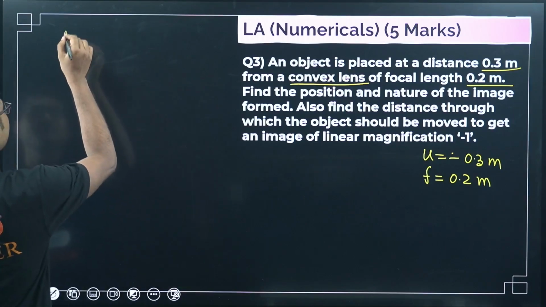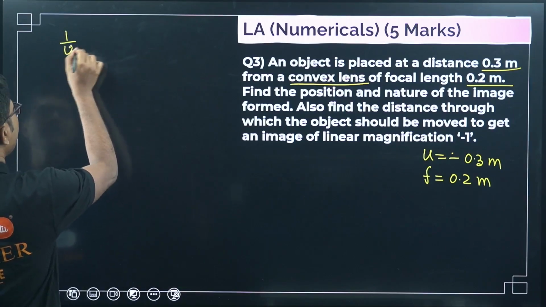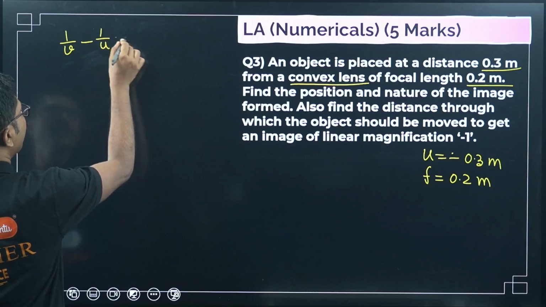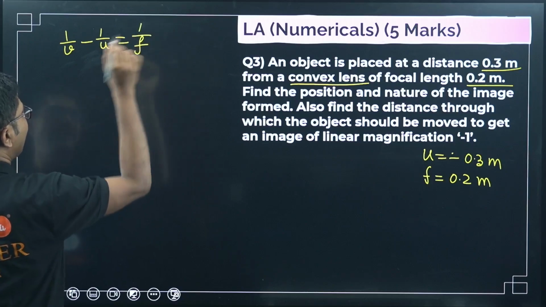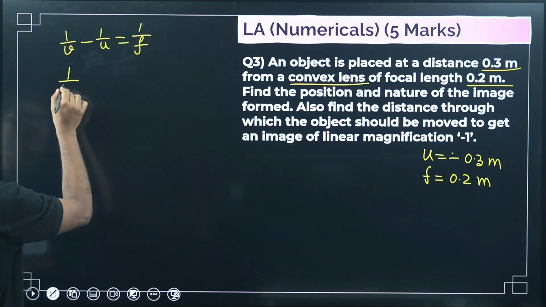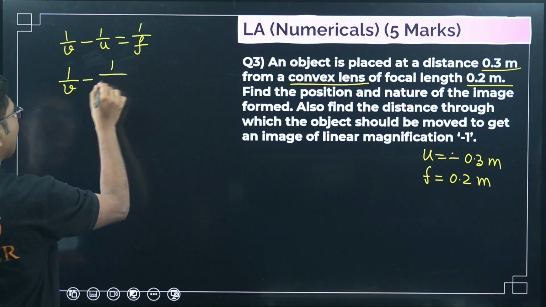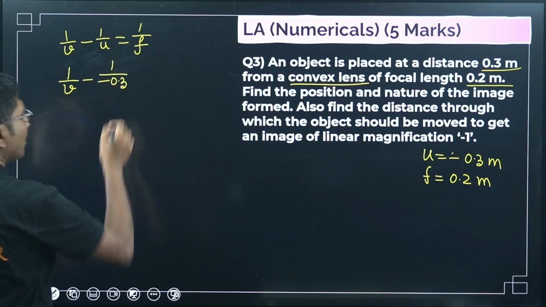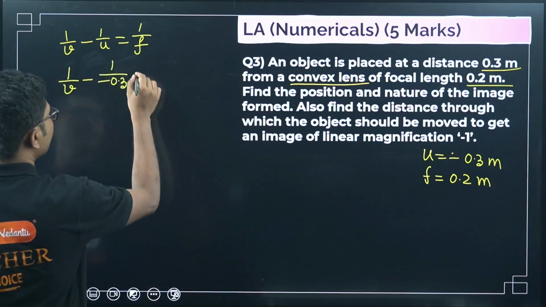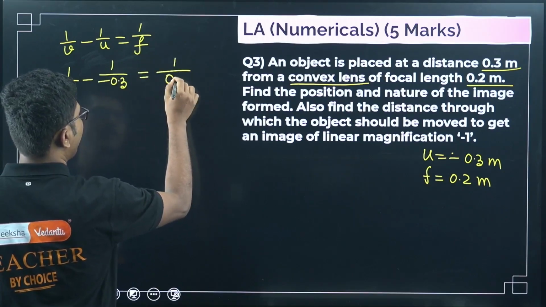We know that 1 by v minus 1 by u equals 1 by f for a lens. Now 1 by v minus 1 by minus 0.3 equals 1 by 0.2.